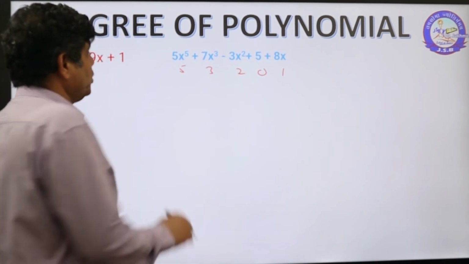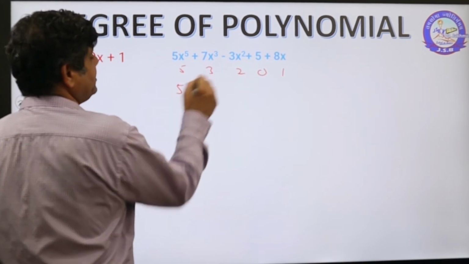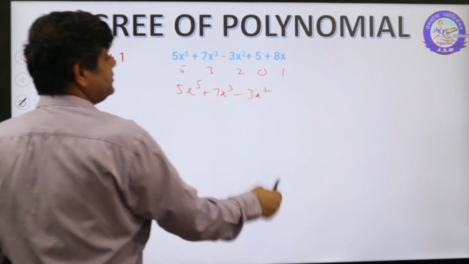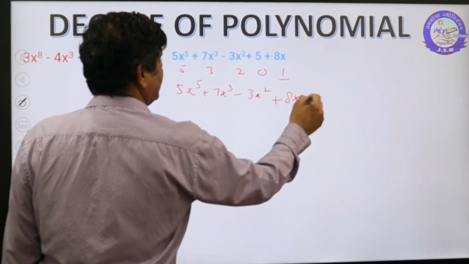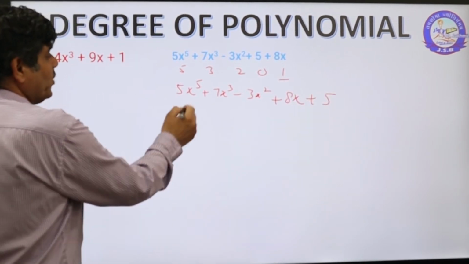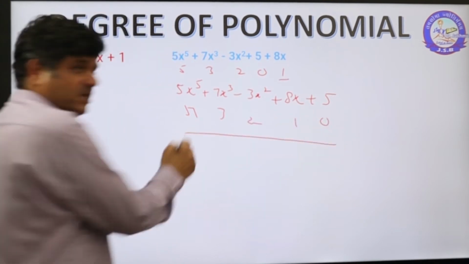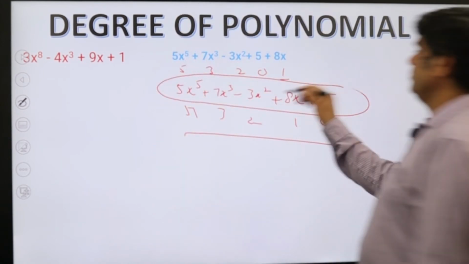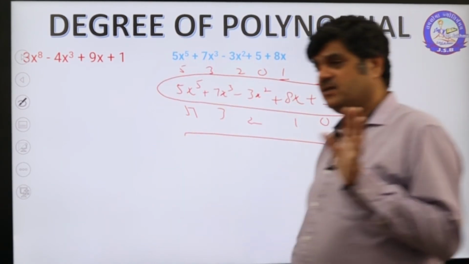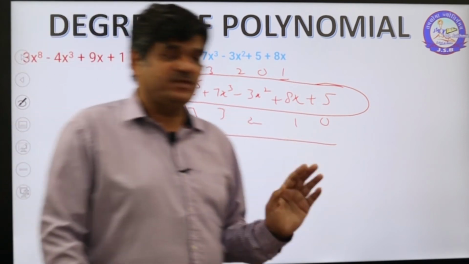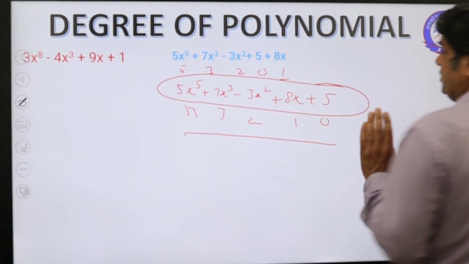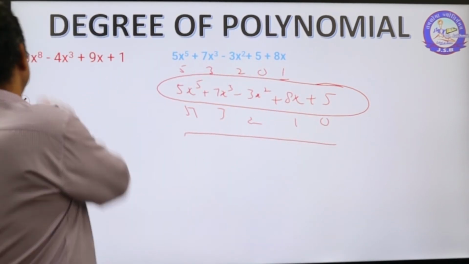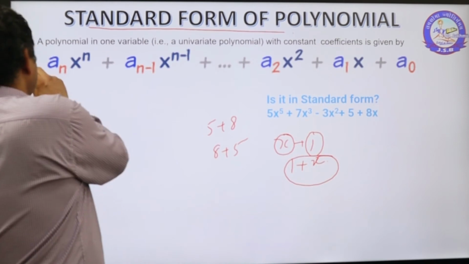No. So if I write it this way, first of all, biggest degree term, then next degree term, then next degree term, then this one, and then this. So that now if you look at degrees, they come in descending order. So now we call this polynomial as in the standard form. So standard form simply means descending order of the power or descending order of the degree of each term. So I hope this might have been clear.